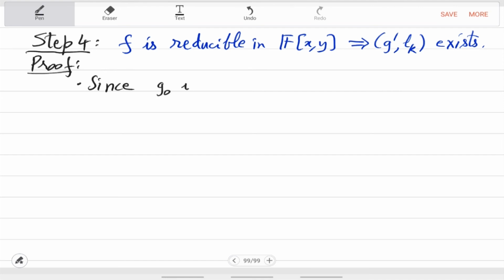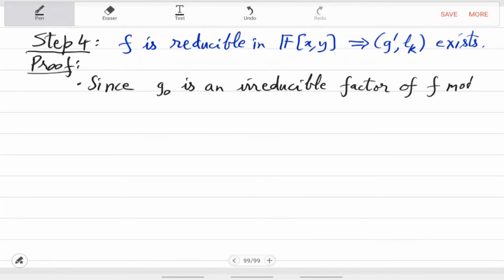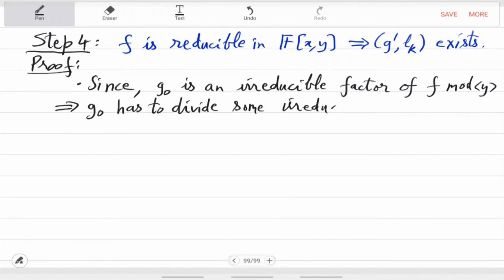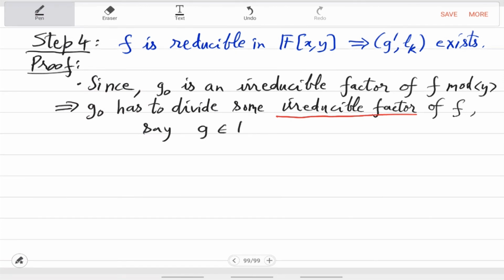Since G0 is an irreducible factor of f mod y, G0 has to divide some irreducible factor of f, say we call it G. It's a bivariate factor.